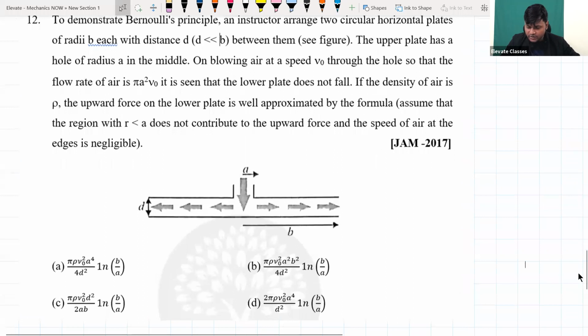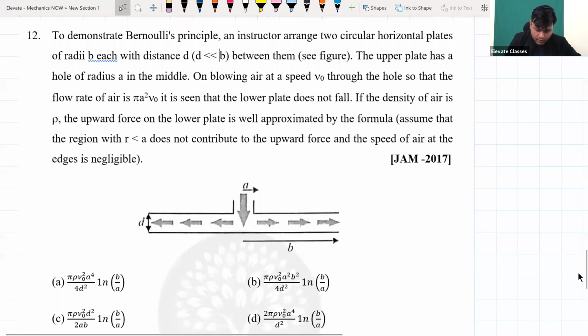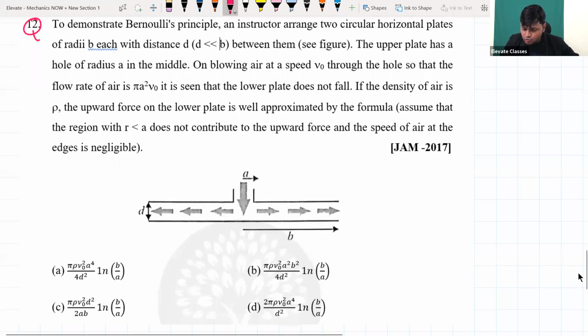To demonstrate Bernoulli's principle, an instructor arranges two circular horizontal plates of radii b, each at a distance d between them. The upper plate has a hole of radius a in the middle.